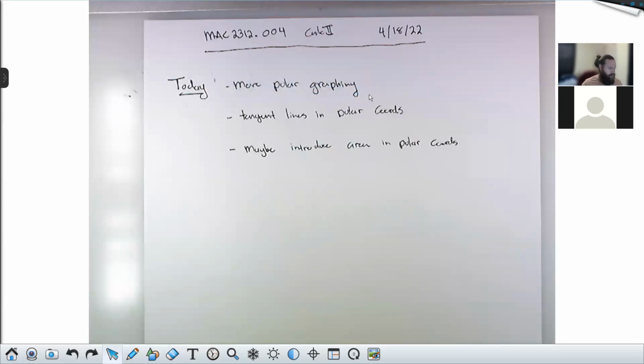So we talked last week about how to go from Cartesian coordinates into polar coordinates, kind of one point at a time, right? If I give you the point (2, 3), how do you find the polar coordinates for that point? Or if I give you the polar point (5, pi over 6), how do you find the Cartesian coordinates for that point?